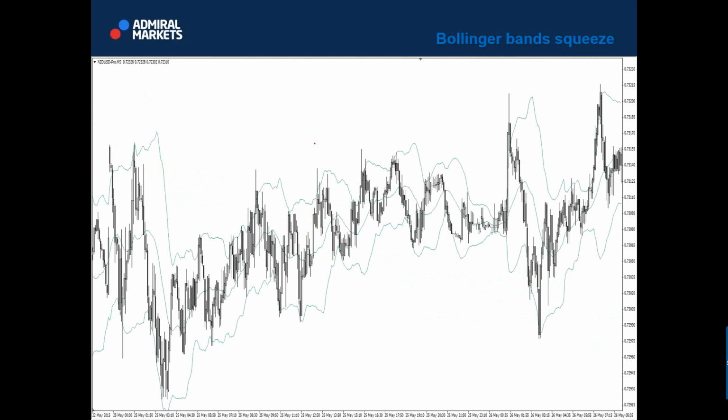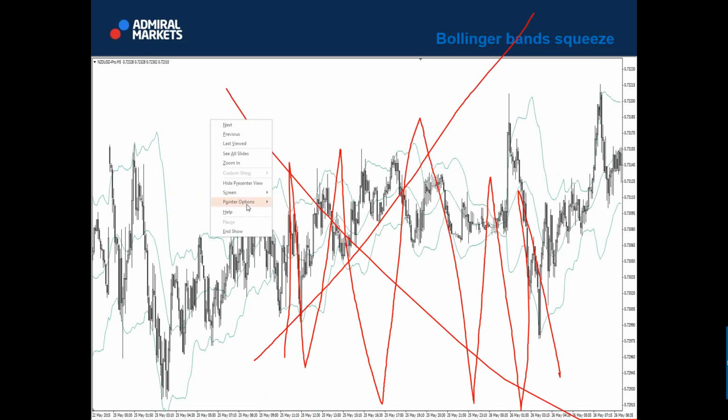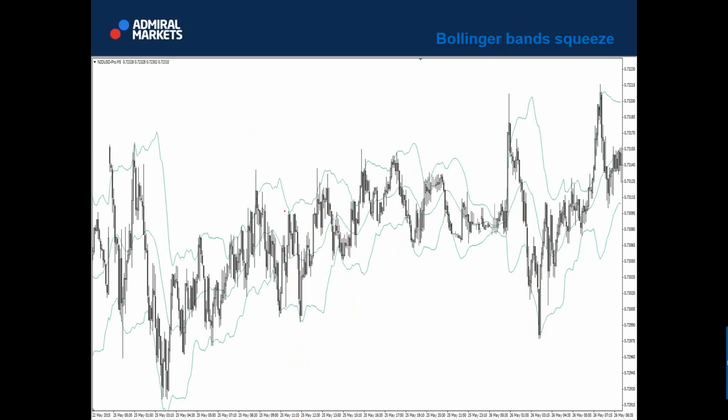This is a whipsaw, so you can see how price is going up, down, up, down, up, down, up, down. We don't want to look at this kind of chart. We're not interested in taking any trades on a chart like this, okay? As this is actually a whipsaw which has been followed by weird Bollinger Bands forms.